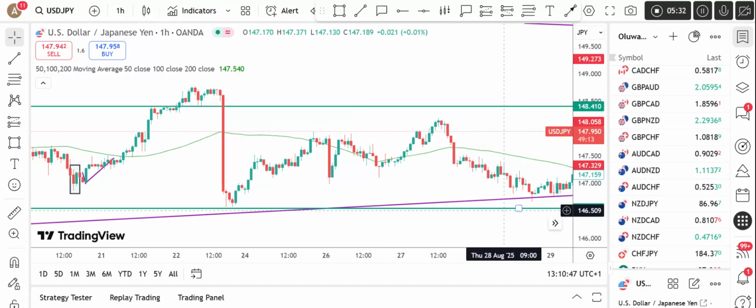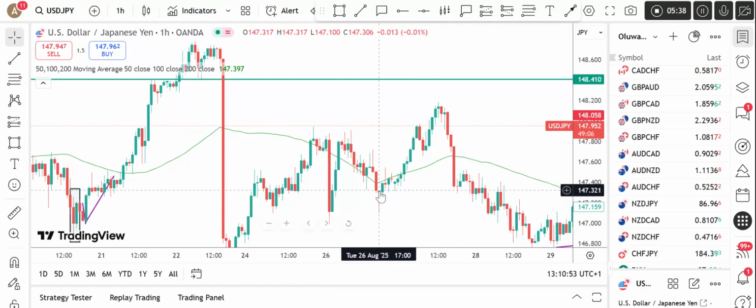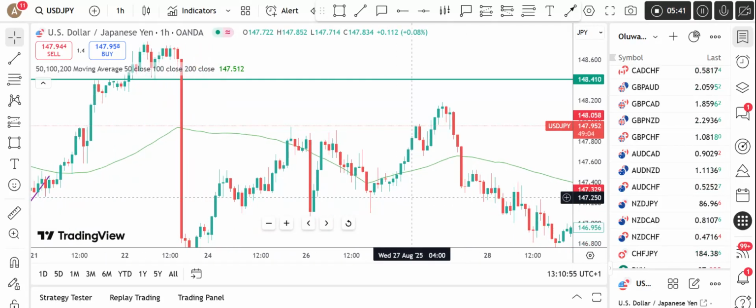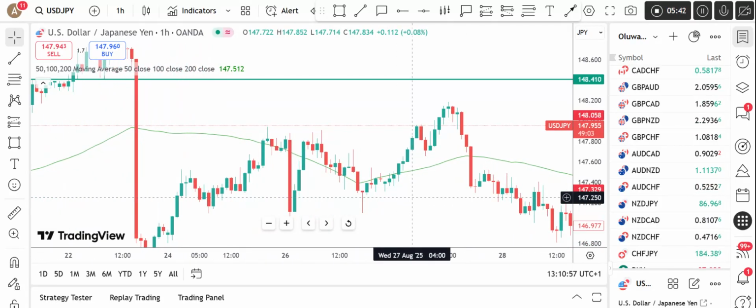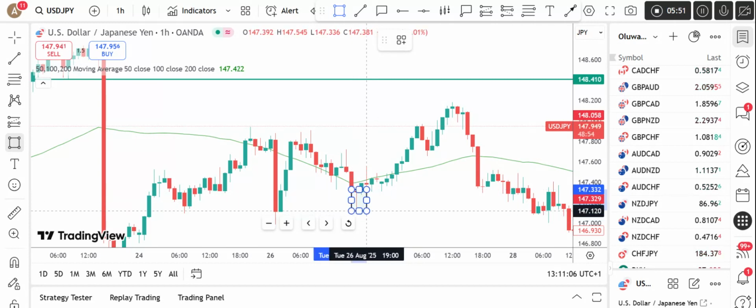I've seen one here. This is an example of a hammer. So we only have a small body.